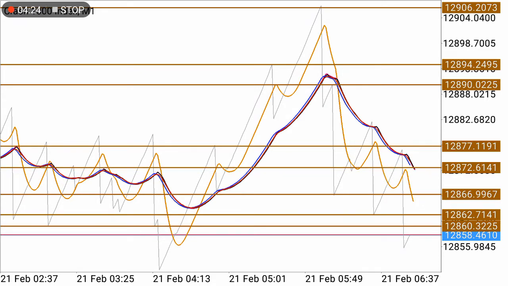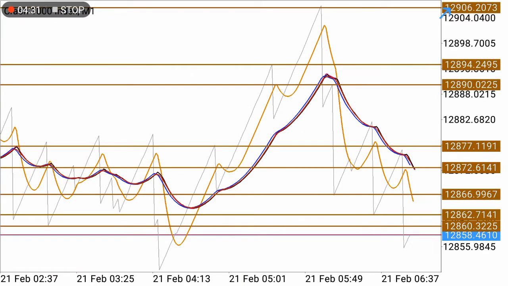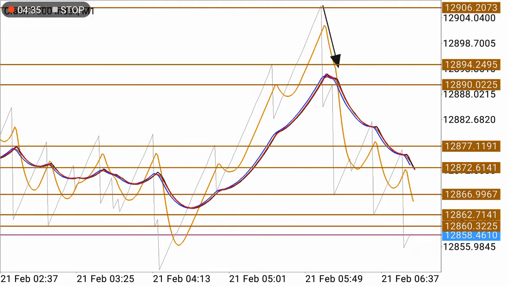Look here at how we trade support and resistance. On the M1 chart, you enter a sell trade. Look here, the market comes down and breaks that support line.